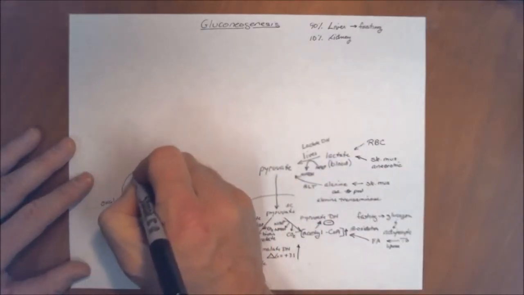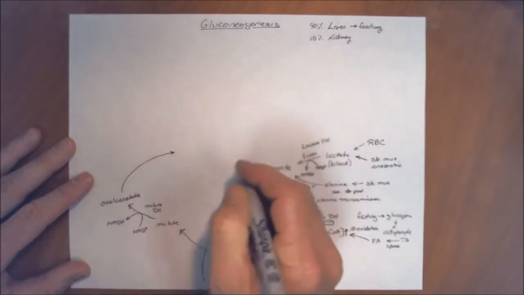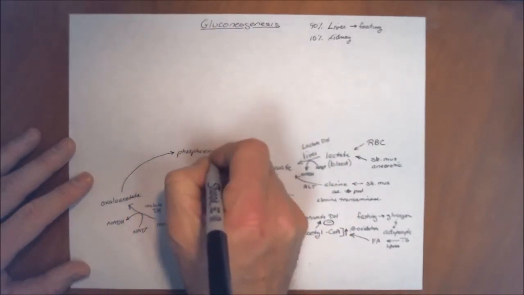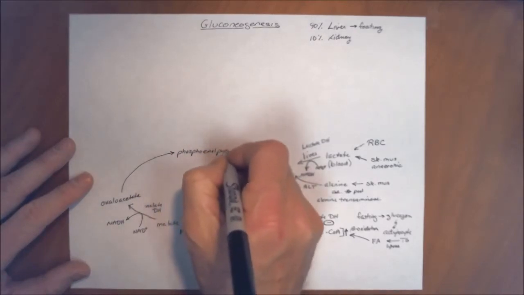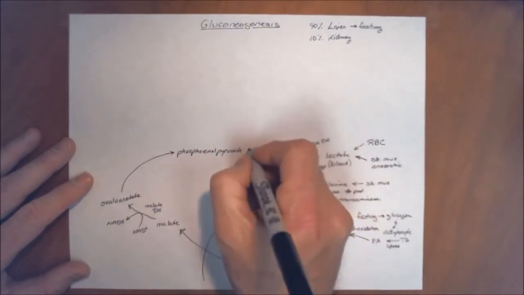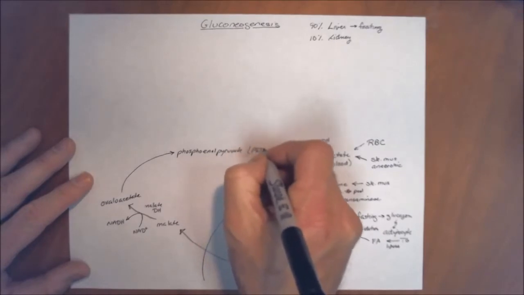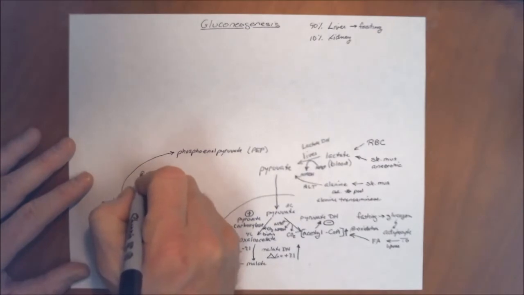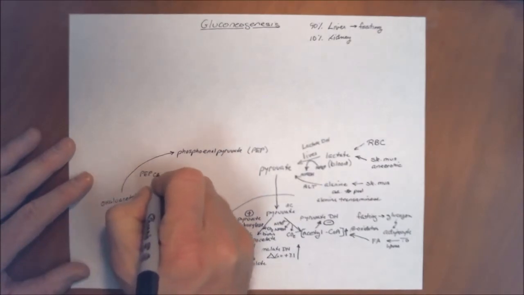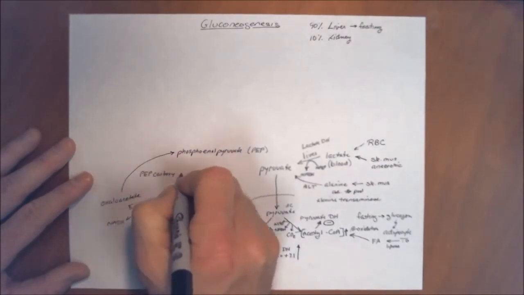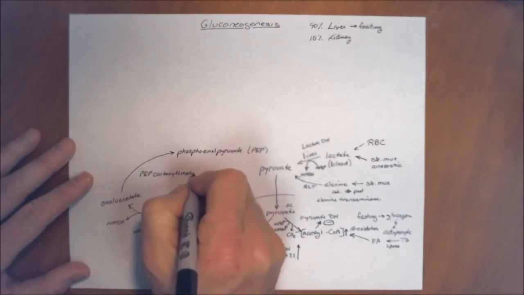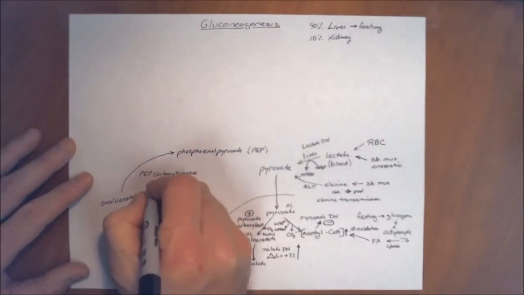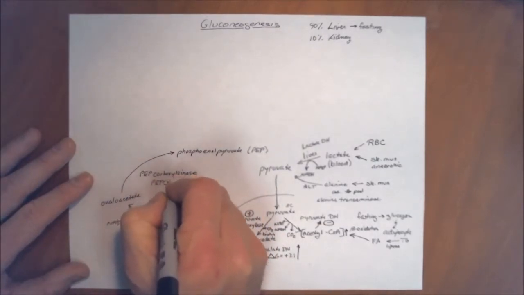Oxaloacetate is then converted to phosphoenolpyruvate. Recall, this is one of our intermediates in the glycolytic pathway, PEP. The enzyme that does this is PEP carboxykinase, phosphoenolpyruvate carboxykinase, abbreviated PEP-CK.